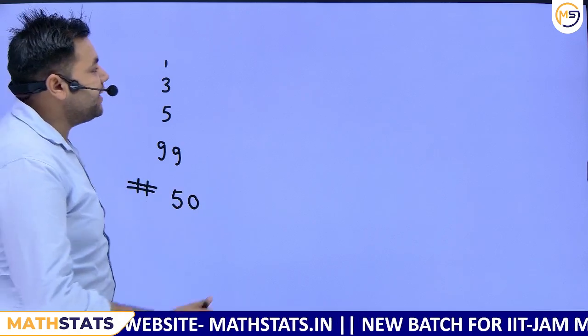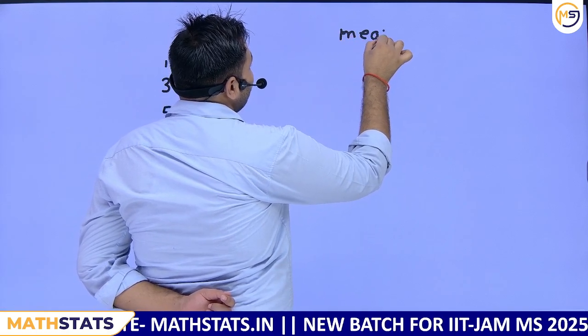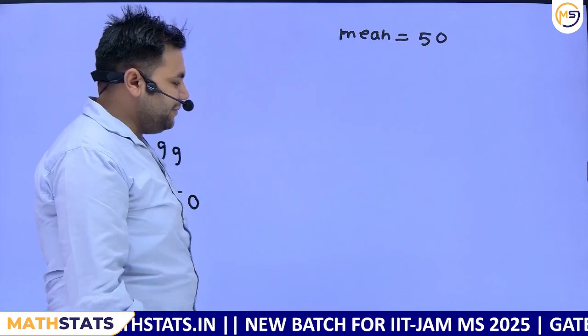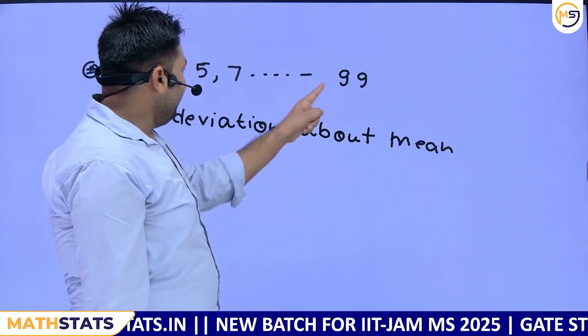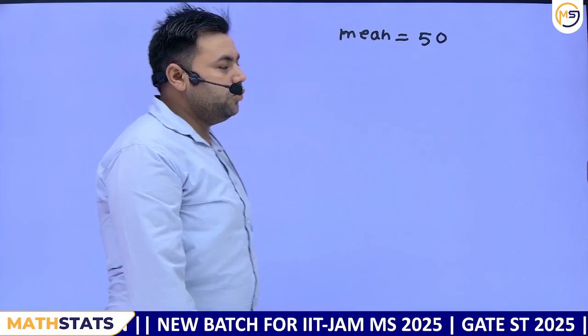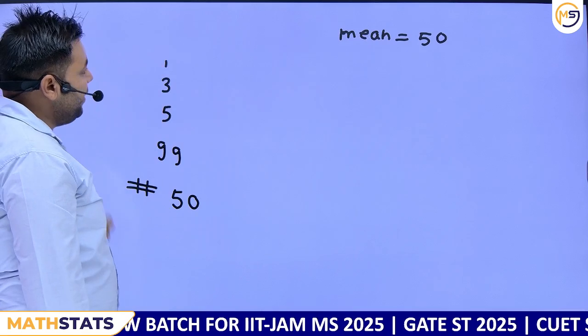So what is the mean of this data? The mean equals the first term plus the last term by 2. So 1 plus 99 equals 100 by 2, equals 50. So now the mean is 50.